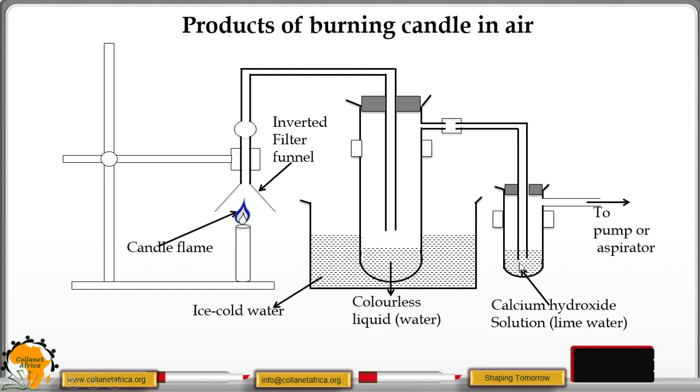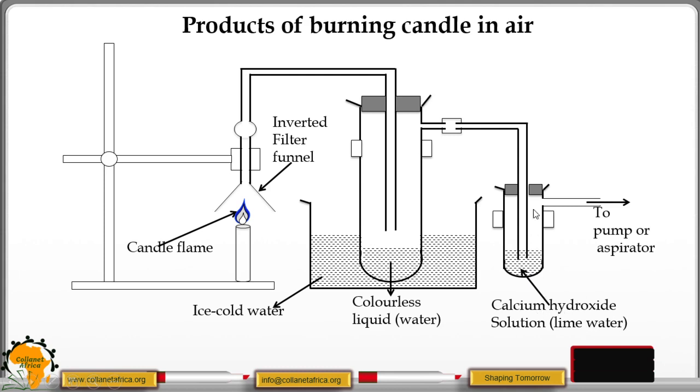That white precipitate is a salt, calcium carbonate. This solution is used as a test for carbon dioxide. It's the only gas that forms a white precipitate with calcium hydroxide solution, or lime water.